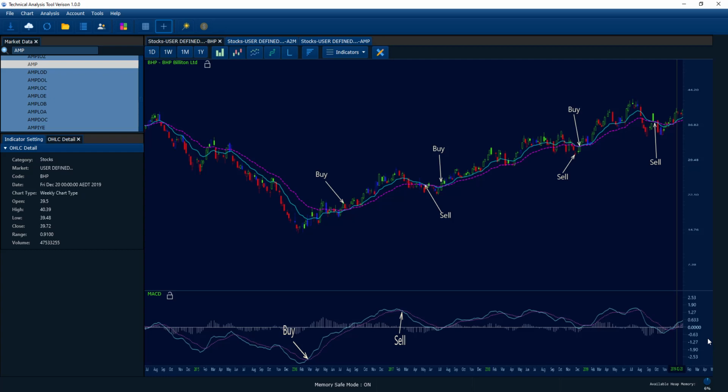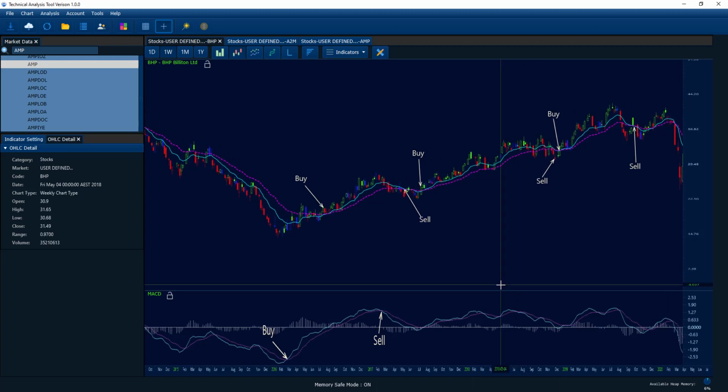You have to combine all the information together. You cannot rely on a single indicator by itself because sometimes it generates false signals. So this is another type of crossover to generate buy and sell signals, the MACD and signal line crossover. So that's another type of usage.